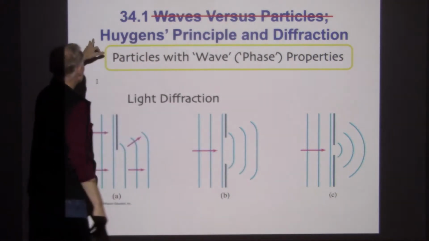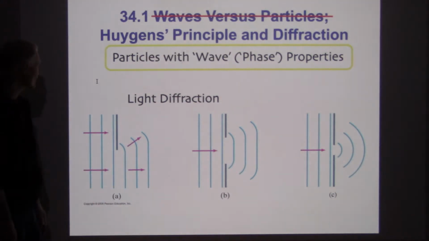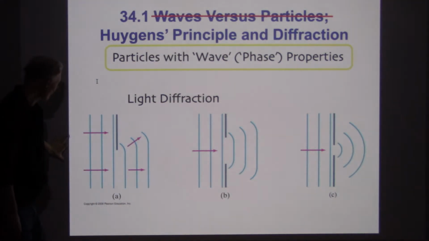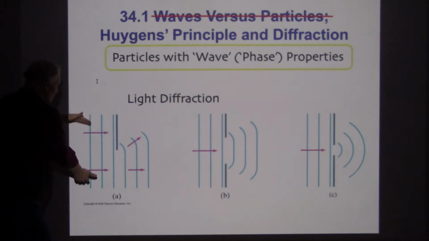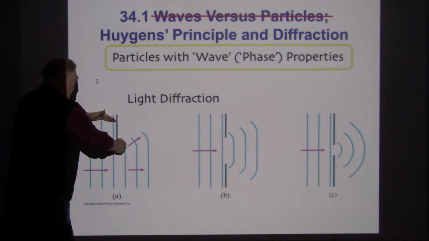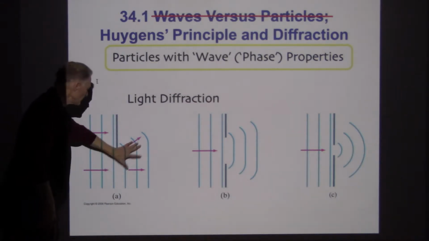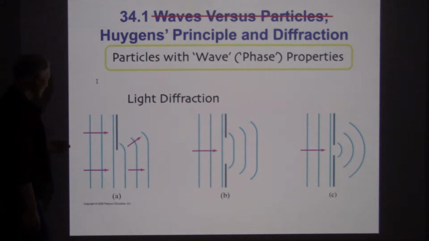And Huygens suggested, and quantum mechanics kind of agrees with this, that each individual particle of light is spread out. So individual photons know about the barrier, and an individual photon knows about all these regions out here. So a photon comes in, and there's a 50% chance it gets blocked by the barrier.